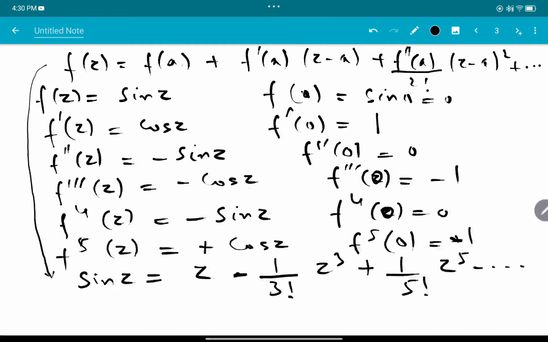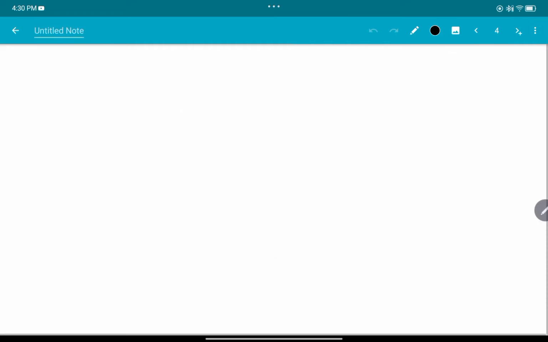Now, as the last example, we take cos z. We can now easily remember it. Here f(z) is equal to cos z.